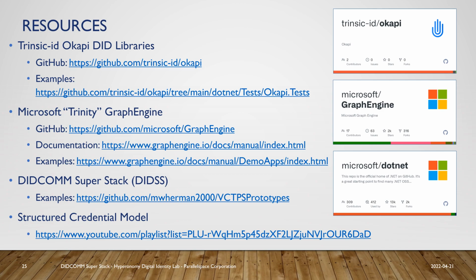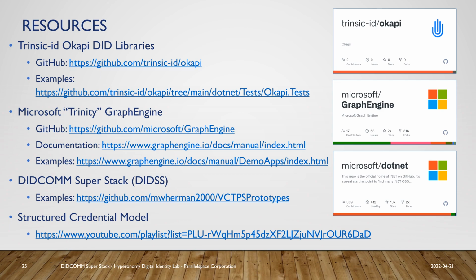But for .NET, you can go to the .NET/test/OKAPI tests folder on GitHub, and you'll see examples of creating DID keys, of doing DIDCOMM message creation using encryption and decryption, and you'll see the Oberon libraries for creating proofs.